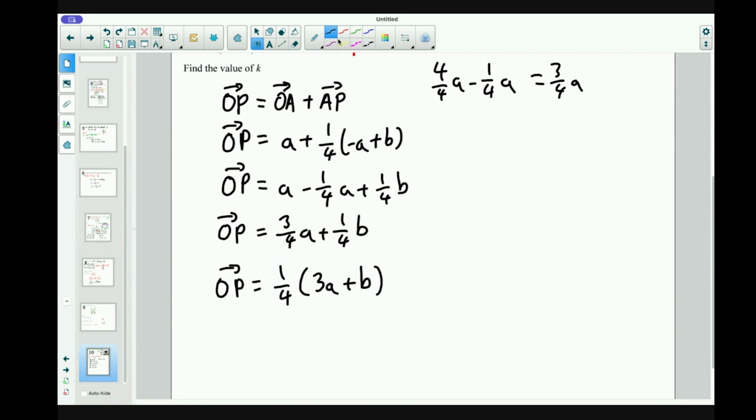But we were asked to find the value of K. So in this case, our value of K is just 1/4. Okay, so K is equal to 1/4 in this example.